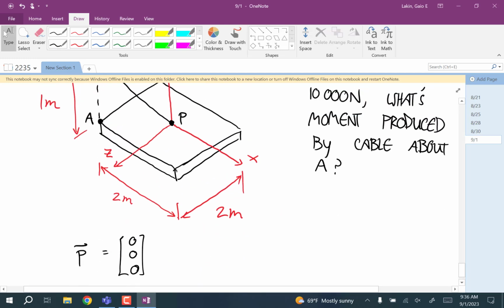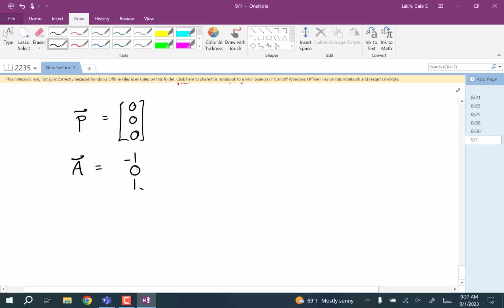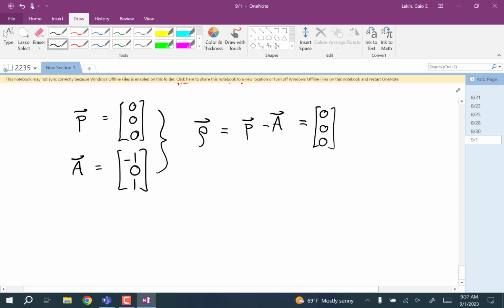And then what about the z-axis? +1, yep. And so together this row vector is P minus A, and so that's 1, 0, -1.